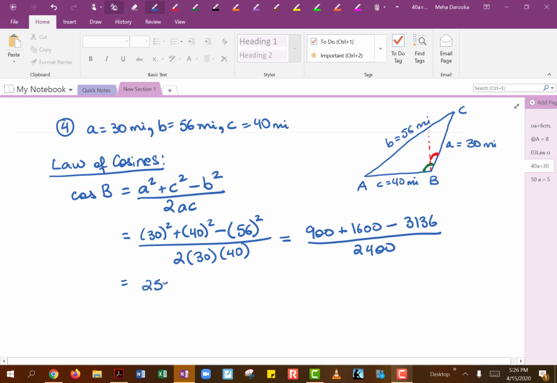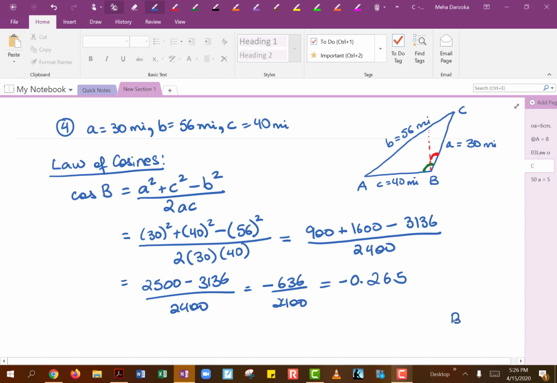Bringing this all together, this simplifies into negative 636 divided by 2400, and that comes out to be negative 0.265. Since this is a negative value, that tells us angle B is going to be in quadrant 2 again, so angle B is between 90 and 180 degrees.